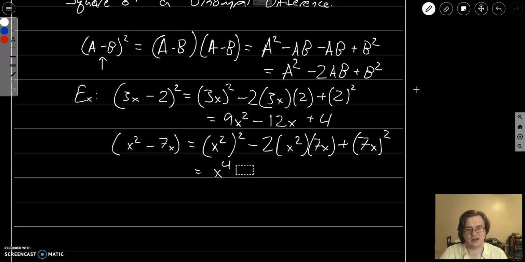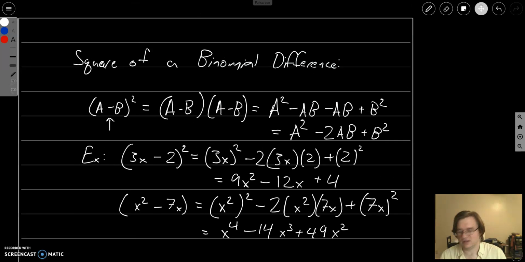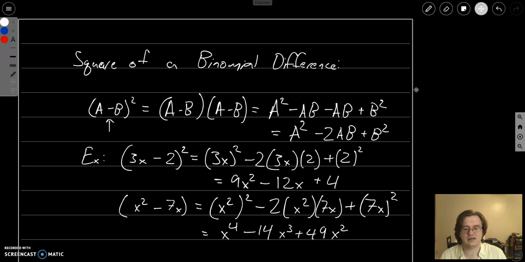We'll have minus 2 times x squared times 7x. So we'll have minus 14 times, so we've got an x squared and an x, so this is x cubed, plus 7 squared is 49, and x squared is x squared. So I will stop there, and I'll continue in the next video, still looking at multiplying and adding polynomials.